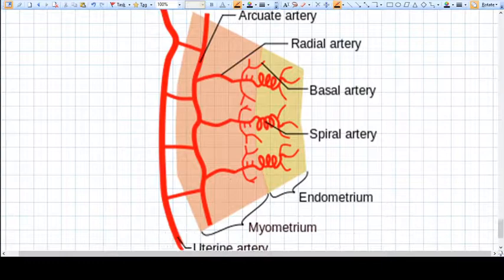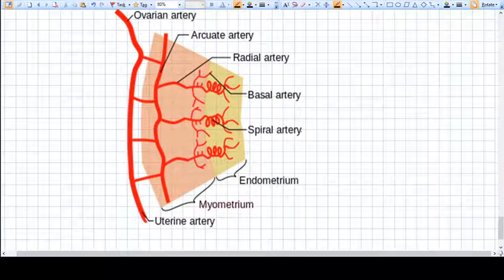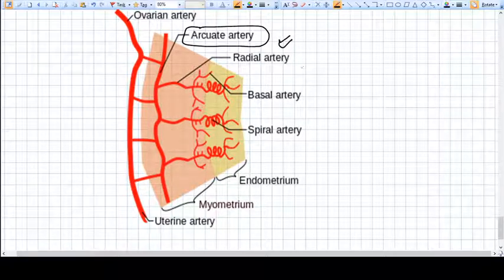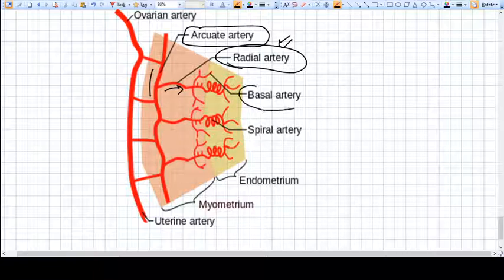These branches just invade the uterus and make a parallel artery, which is called the arcuate artery. From the arcuate artery, radial branches arise. This is called the radial artery. See here, this is arcuate, this is radial. This radial artery further goes and becomes the basal artery.